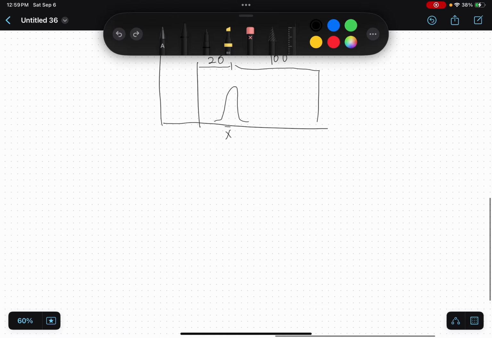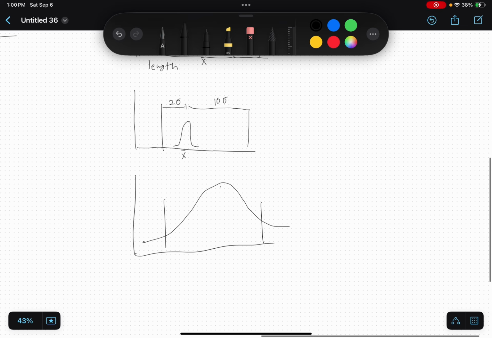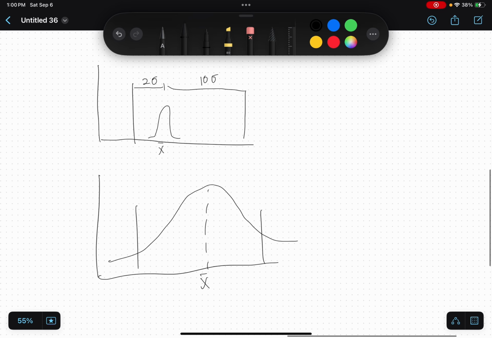Another thing that could go wrong with this is, you've got your limits. Let's say your distribution is huge. So you've got your X bar, and let's say a standard deviation is that big. I guess like that.